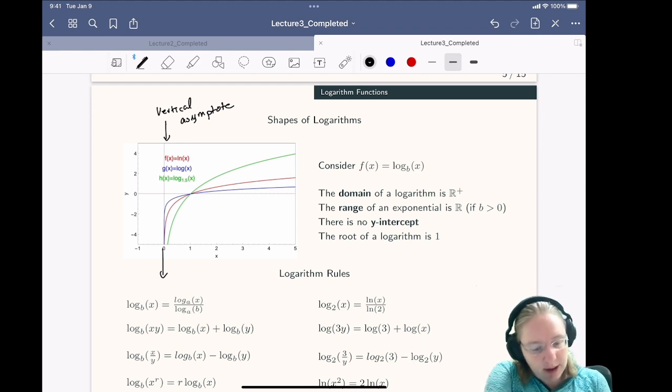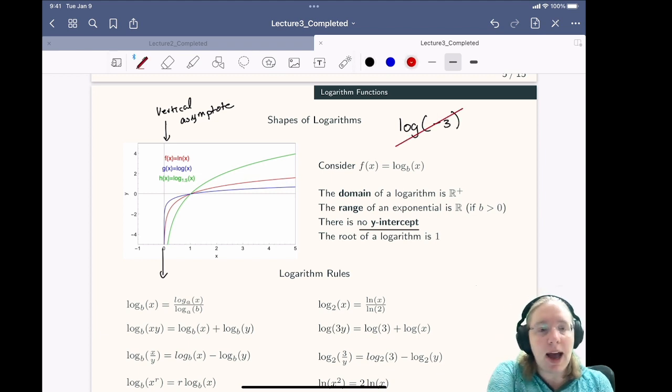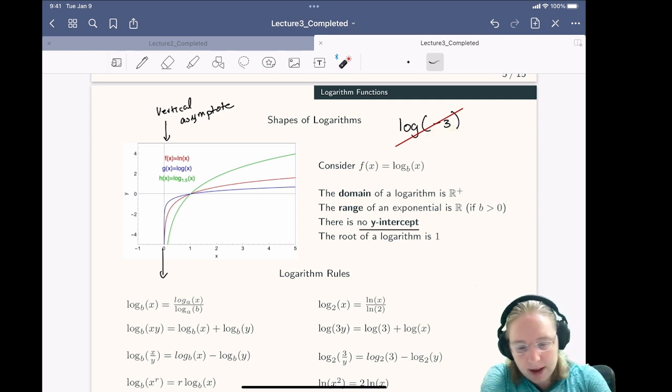So this means that there is no y-intercept. This is important to realize: you cannot plug a negative number into a logarithm. So you cannot have log of -3, for example. This does not work. You have to have a positive argument of your logarithm.